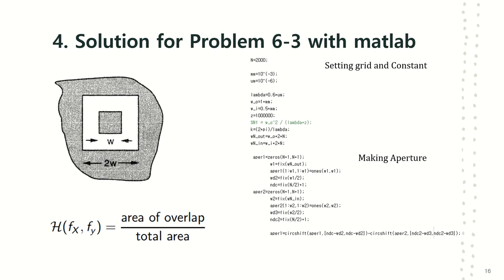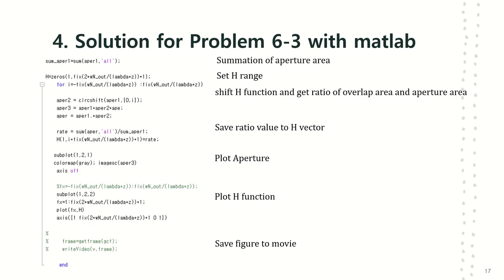I set the grid and constants, and I make the aperture like I have already done in problem 4.9. I set the wavelength to 600 nanometers and set W to 1 millimeter, the same as before. This part is the summation of the total aperture area to obtain a ratio later.